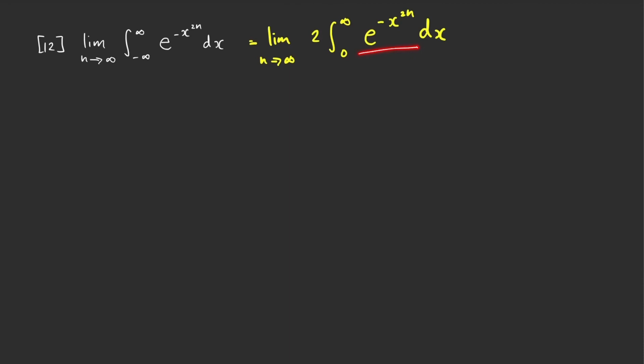It depends on the value of x, whether x is between 0 and 1 or greater than 1. So in this case, it's important to divide this into two integrals.